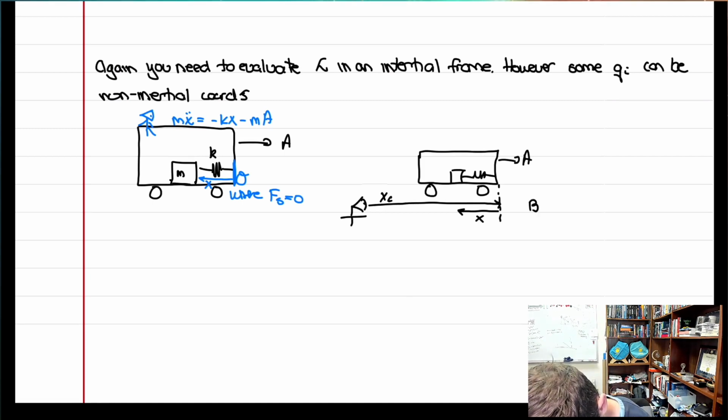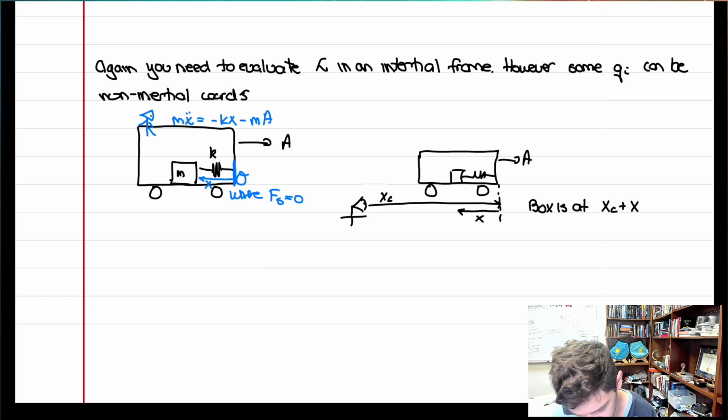So then the box is at x sub car plus x in this case, vectorially. All right, that's all well and good.